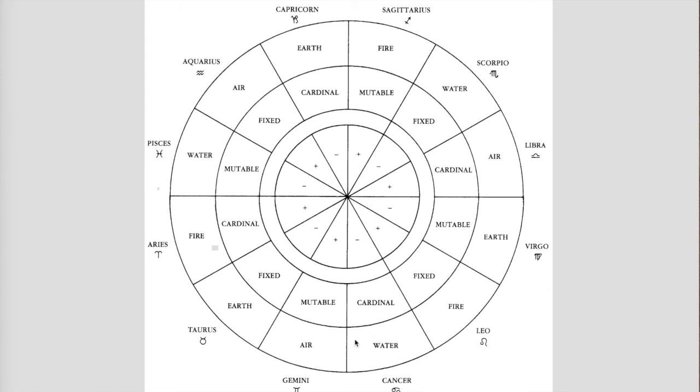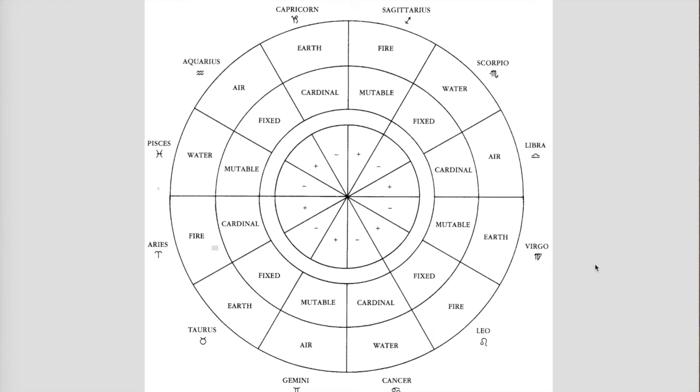So this is our primordial home, with the water element in terms of Cancer. And where we are actually in right now are the mutable waters of Pisces, the water element representing those emotions.